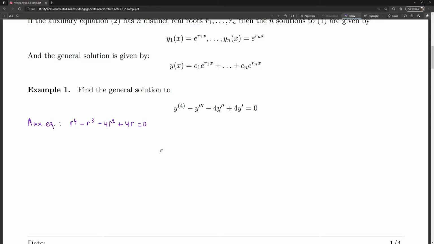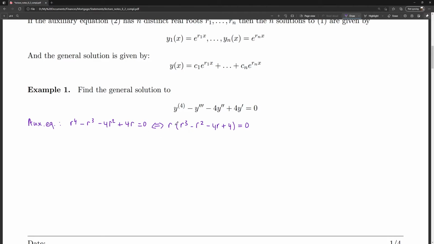And so we set that equal to 0. Now, when we are solving a higher order algebraic equation like this, we're going to look for factors. And since this has no constant term, we can factor out an r. So we have r times r cubed minus r squared, and then minus 4r plus 4, and that equals 0.